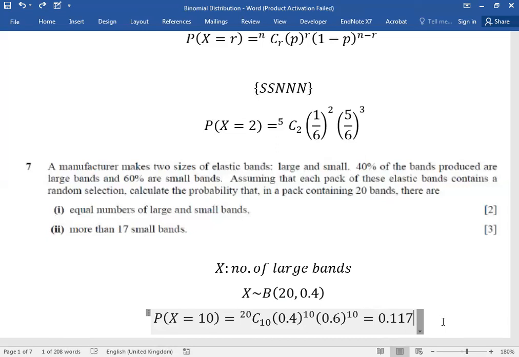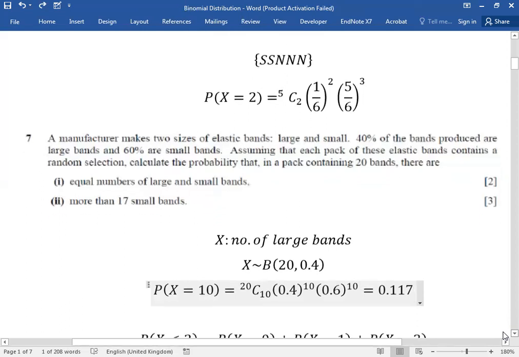Now convert this question with respect to the number of large bands. If there are 18 small bands, how many large bands will there be? 2 large bands or 1 large band, or 0. So can I say the number of large bands will be less than 3? Yes. So write down probability X is less than 3.